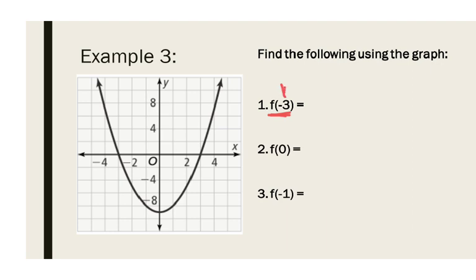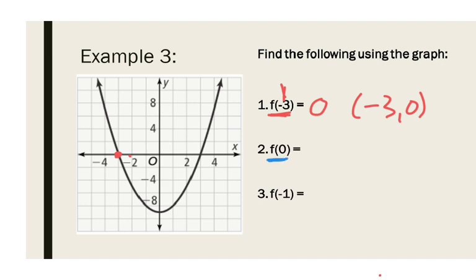This negative 3 represents your x value, and what you're trying to find is the y value. So if we go on our x-axis to negative 3, it looks like we'll be right here. And notice at that point, it actually goes through that U shape. It goes through the graph at y is equal to 0. So our ordered pair here is negative 3 and then 0.